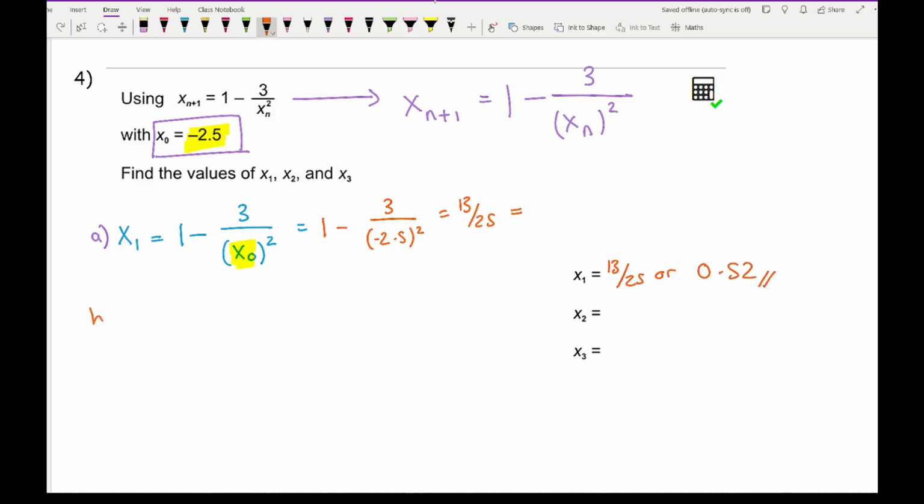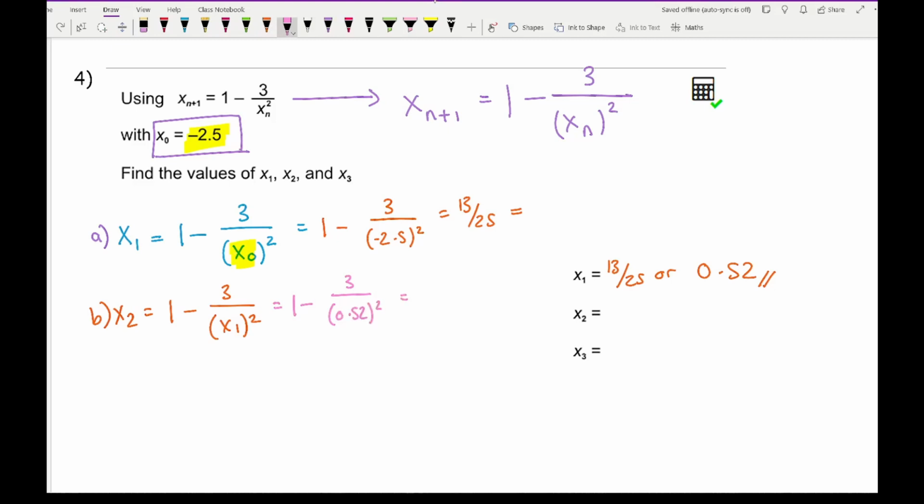So then to work out x2, it's going to be 1 minus 3 over x1 squared. Now x1 is 0.52. So that becomes 1 minus 3 over the previous answer, which is 0.52 squared.